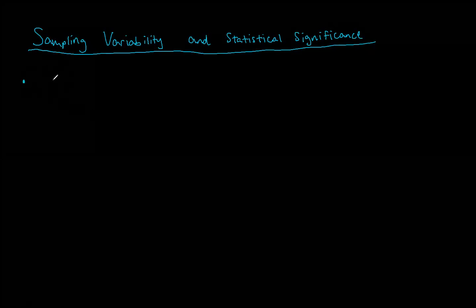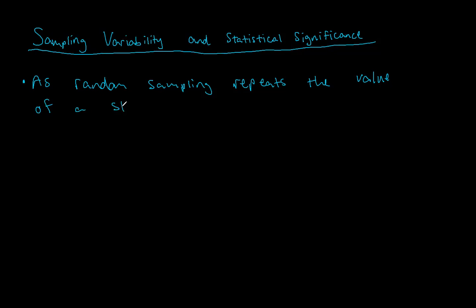Sampling variability really just refers to how, as random sampling repeats, the value of a statistic, be it we're measuring a mean or a proportion, can change. And I'll show you what that looks like in a simulation to give you a visual, to help understand what sampling variability is.